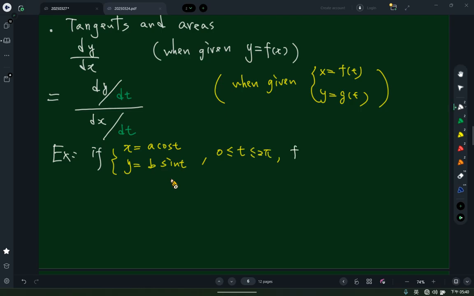Can you find the tangent to the curve at a over square root of 2 and b over square root of 2?